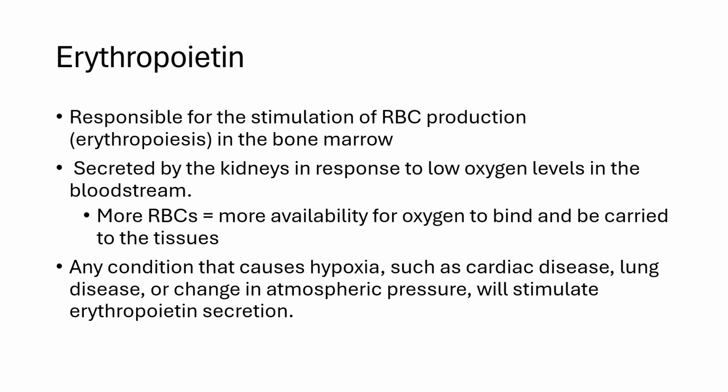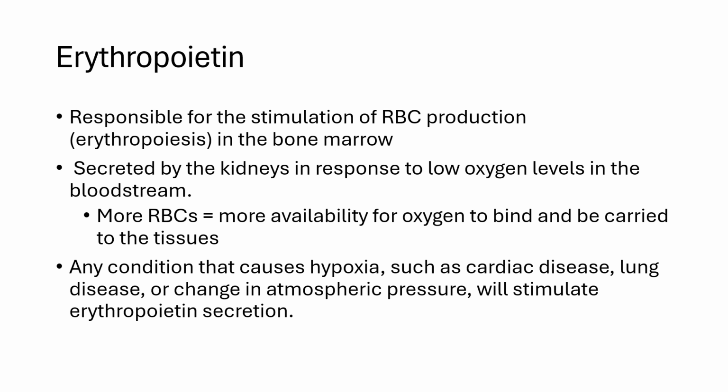With erythropoietin, a lot of times you'll have an increase of secretion by the kidneys in response to low oxygen levels in the bloodstream. So what happens is my O2 sat goes down, my kidneys sense this, then they release erythropoietin, which tells my bone marrow to stimulate the production of red blood cells.